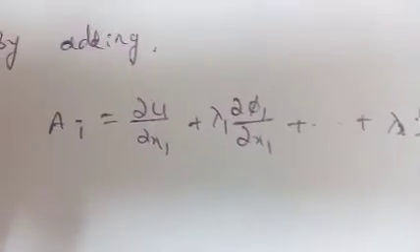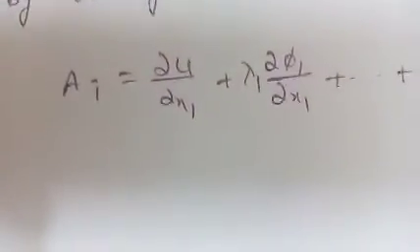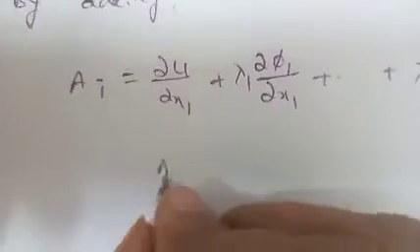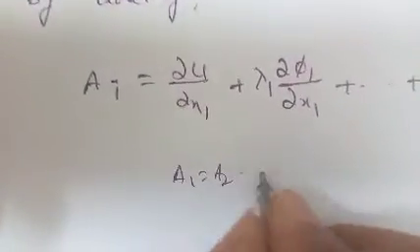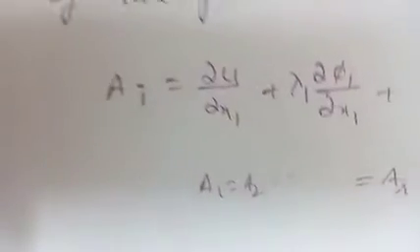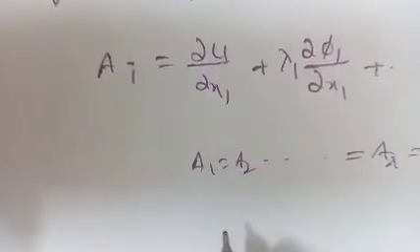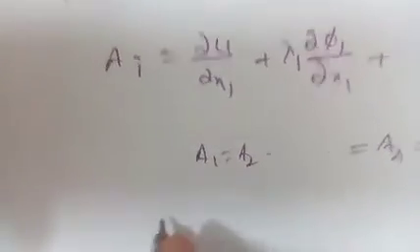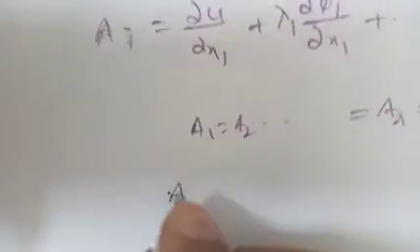So the values of lambda 1, lambda 2 and so on lambda r are chosen in such a way that a1 equal to a2 equal to and so on ar equal to 0. So now substituting these values in the above equation, what is the remaining value? a(r+1) into dx(r+1) and so on plus an into dxn equal to 0.